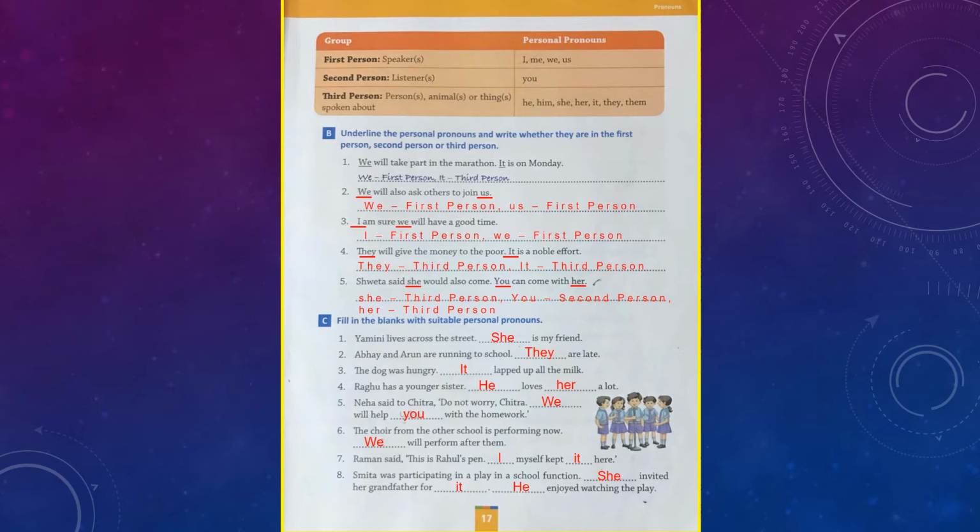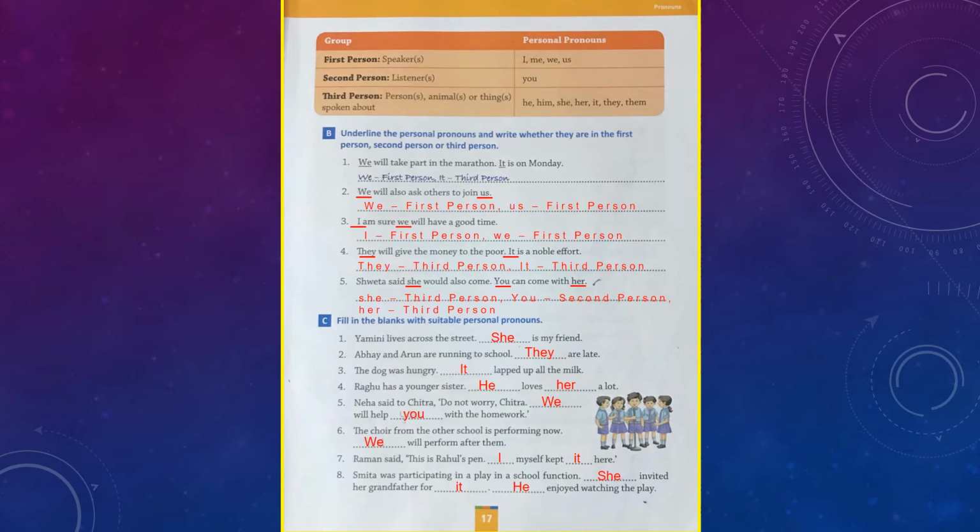I have already written it so you can observe the screen and write the same way in your book. Sentence number 3. I am sure we will have a good time. In this sentence also we have two pronouns, I and we. I is a first person pronoun and we is also a first person pronoun.